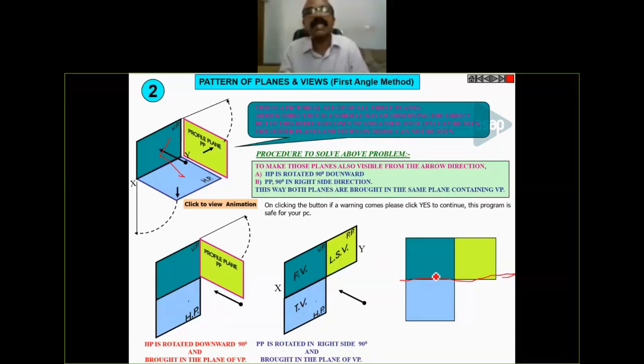We are looking in this forward direction. The XY line is the line of intersection of the horizontal plane and vertical plane.